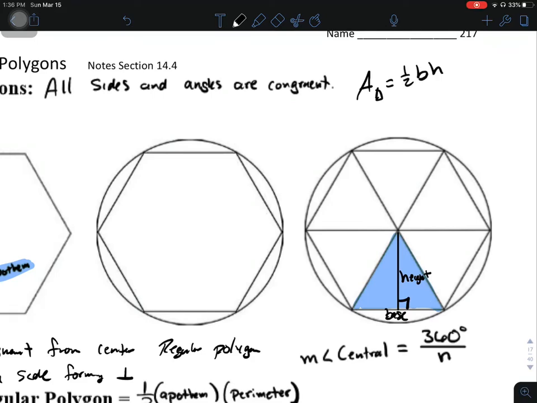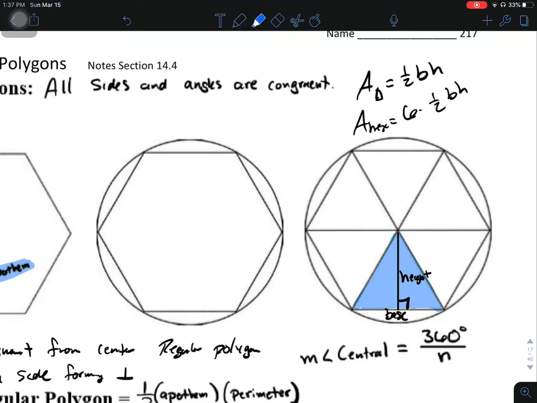Well, how many triangles are there? Well, in a regular hexagon, there are 6 sides that are the same length. So it's going to be 6 of these. So the area of this hexagon is going to be 6 times 1/2 times the base times the height. Now work with me here. I could simplify the 6 times 1/2, but this could be any shape.